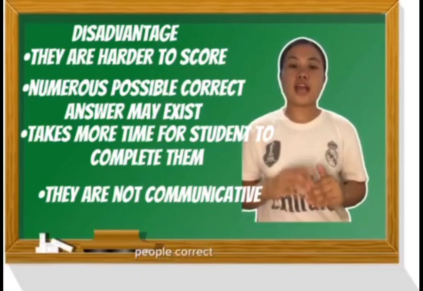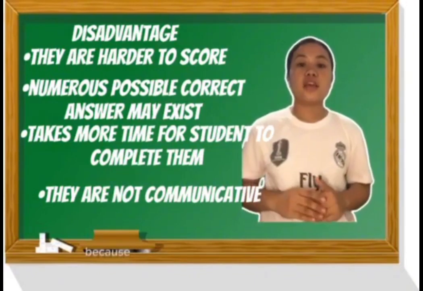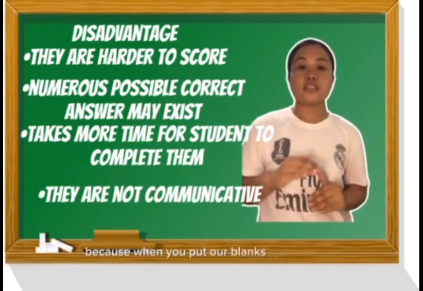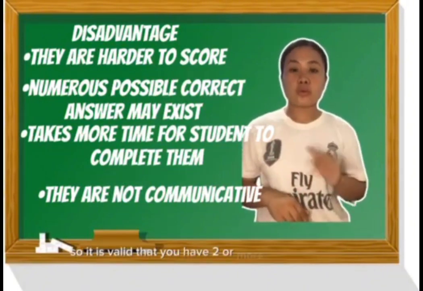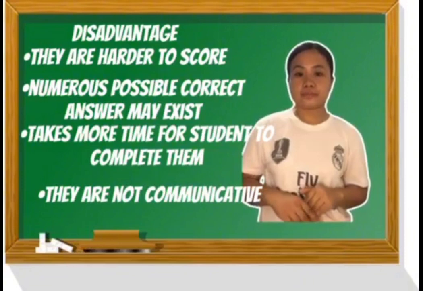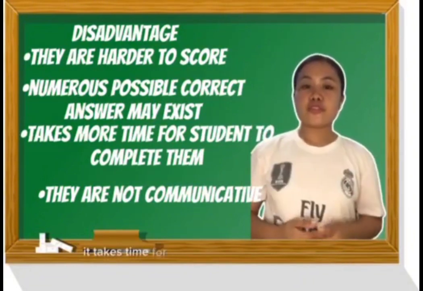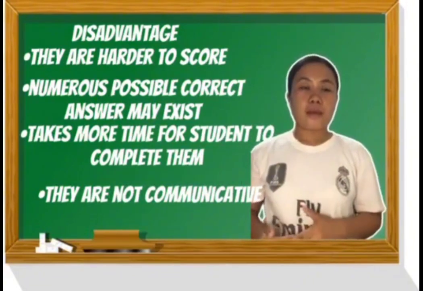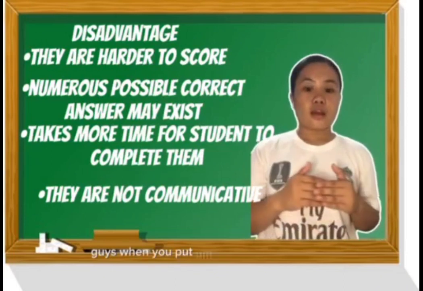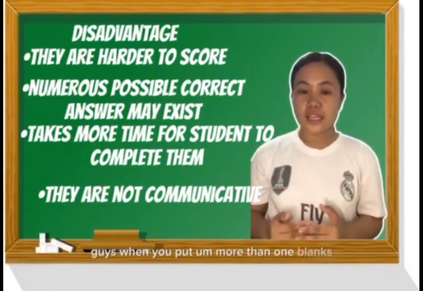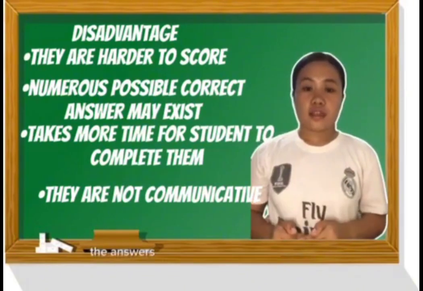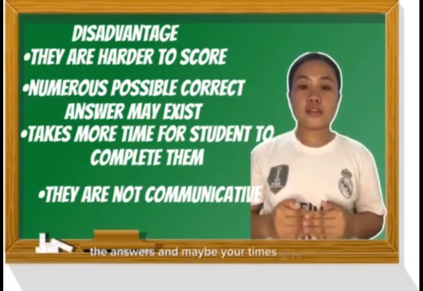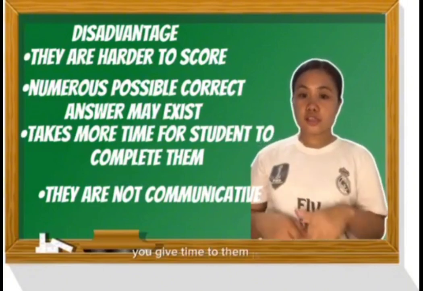Possible correct answers exist because when you put blanks more than once, it is valid that you have two or more correct answers. It also takes time for students to complete the answers, because when you put more than one blank, they will need to find each answer, and maybe the time you give them is short.